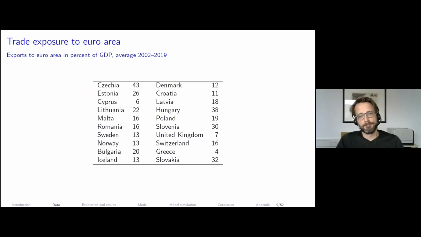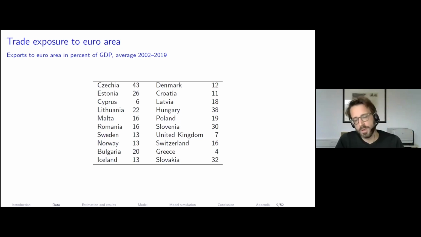Now, this is about the spillovers on these neighbor countries originating from euro area shocks. And to give you a sense of the potential exposure, here you see the share of exports in % of that neighbor country's GDP which goes to the euro area. This is just average values for our sample period, and you see that this exposure can be sizable.